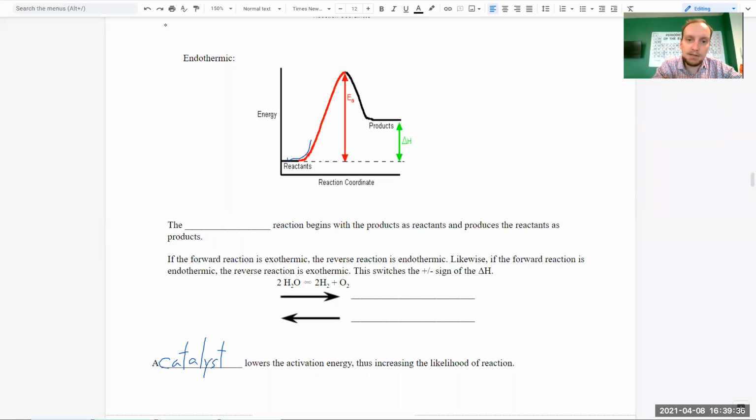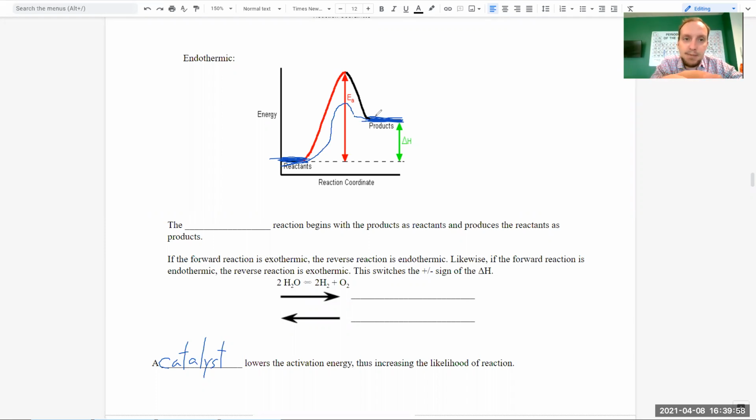But if we add a catalyst, what it's effectively going to do is make the curve not have to go as high. Notice my starting point is not affected. My ending point is not affected. The presence of a catalyst does not change the starting point or ending point because it doesn't change the reactants to the products. It doesn't do different chemistry.